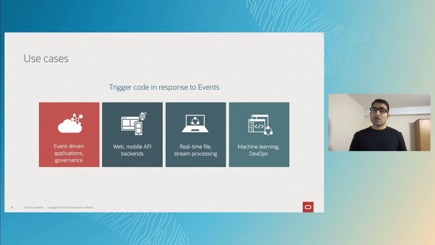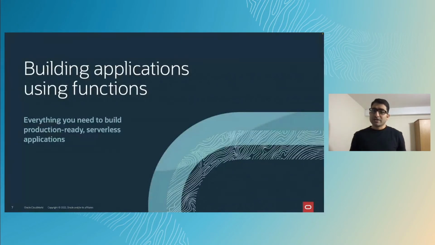It is also a good fit for real-time data processing use cases, including file and stream processing. And it is also useful for building modern cloud-native applications that are powered by AI, machine learning, and DevOps. With that quick introduction to functions, now let's understand how you can build applications using functions.